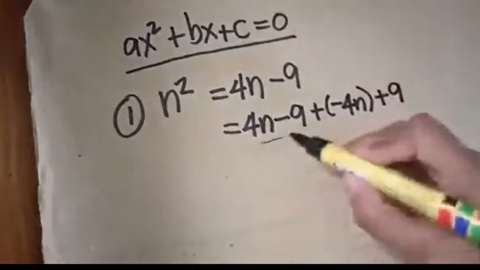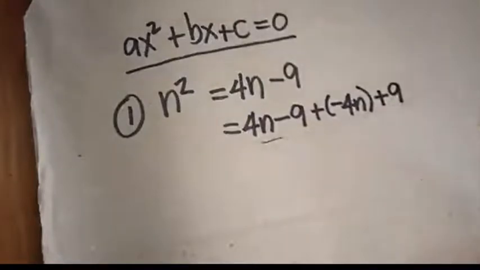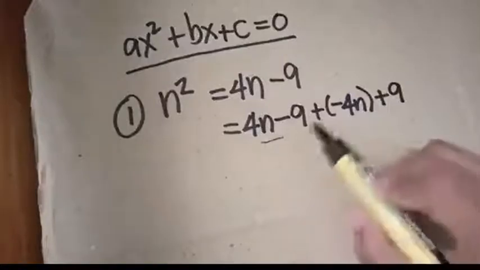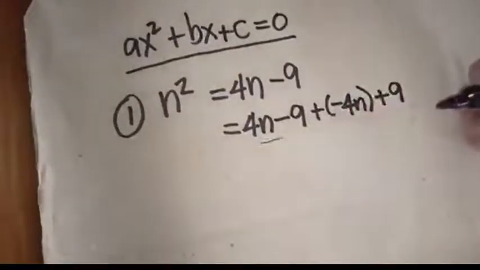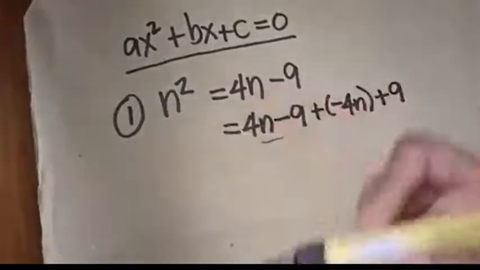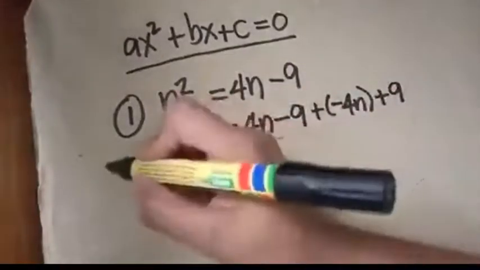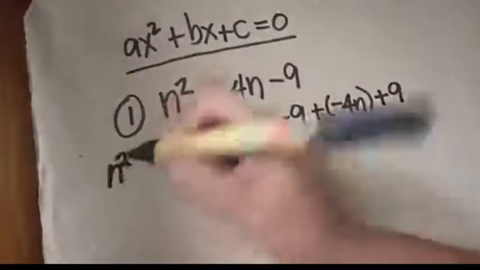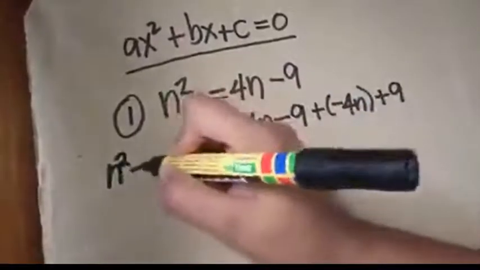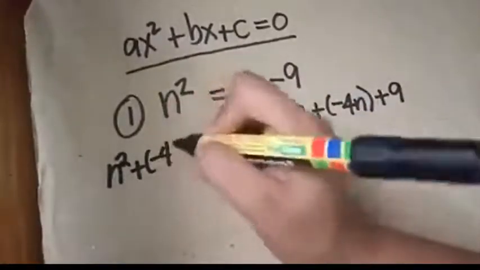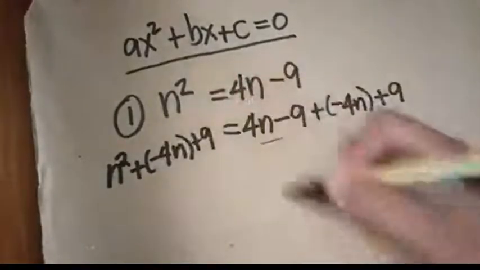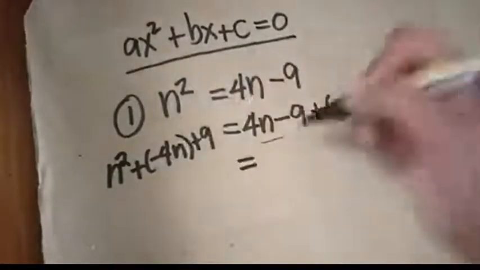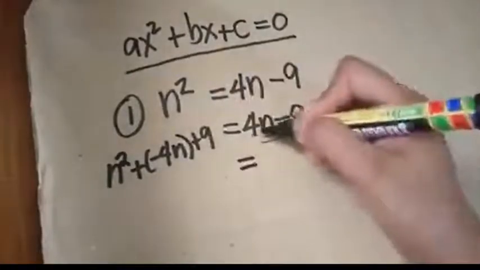So, if you're going to simplify this expression, that would be equal to 0. Okay? So, kung anong idinagdag natin dito sa side na to ng equation sa right side, ganun din yung gagawin natin sa left side. So, therefore, we have n squared plus negative 4n plus 9. Okay, so simplify na natin. Of course, cancelled out na to.